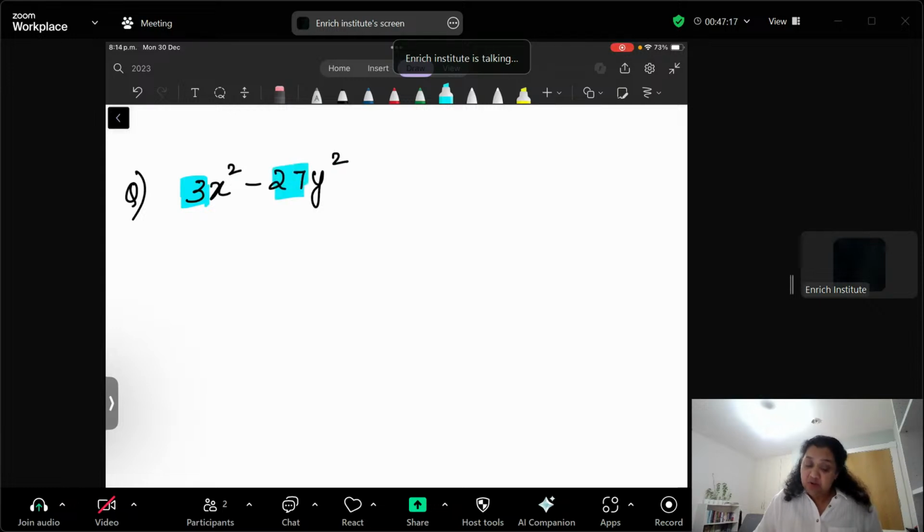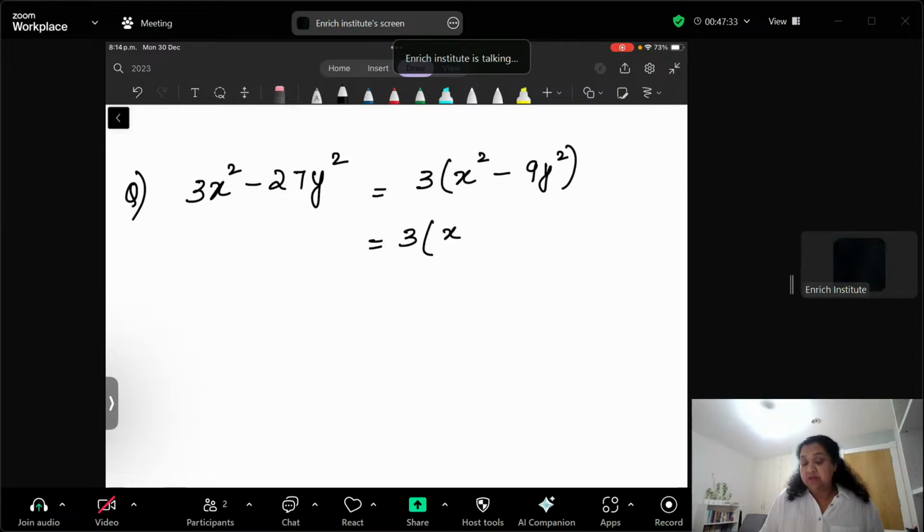Then how will I factorize? I first have to take a common factor outside, which is 3 in this case, and I can write this as 3 times x square minus 9y square. And then that can be simplified as 3 times x square minus 3y square, which is equal to 3 times x minus 3y, x plus 3y.